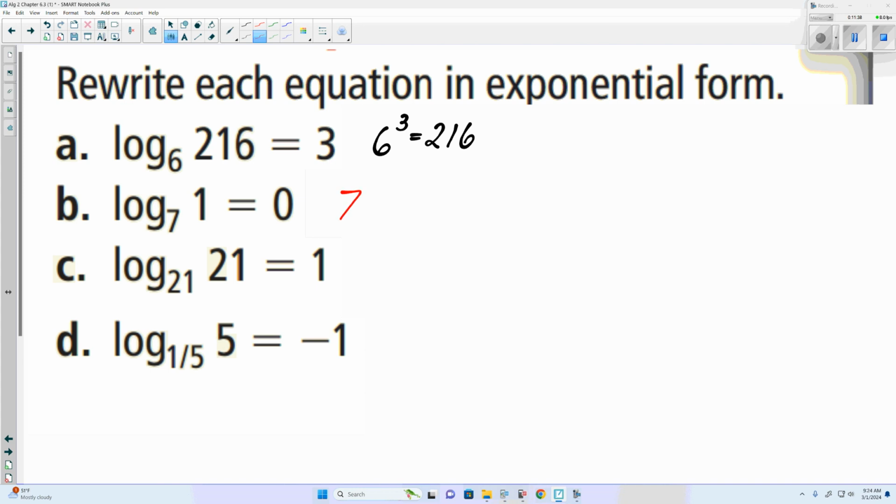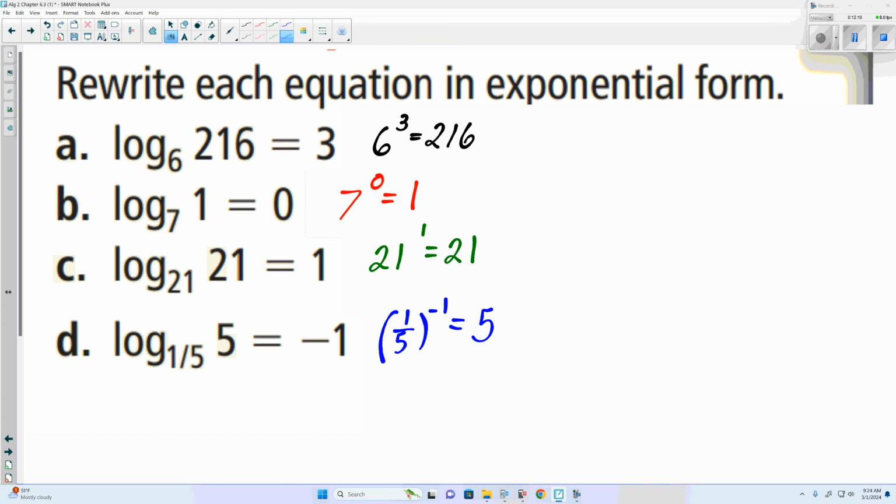So 7 to the 0 is equal to 1. This one's easy. 21 to the first power equals 21. And the last one would be 1/5 to the negative 1 is equal to 5.